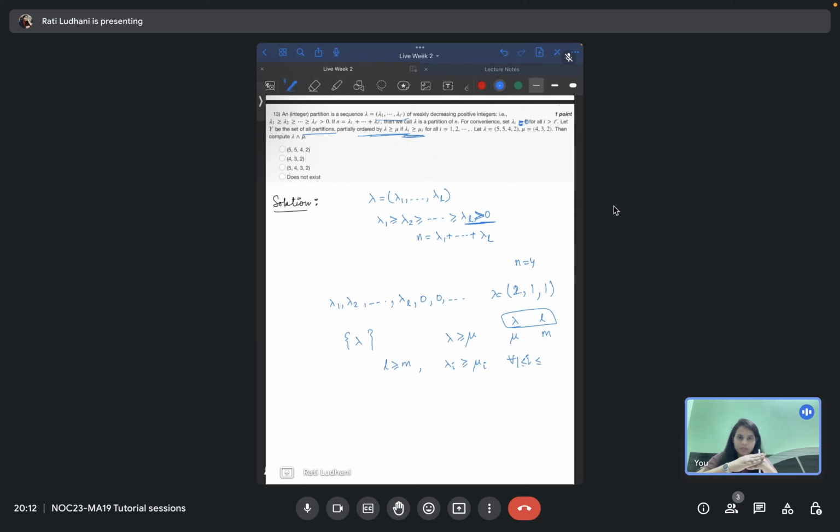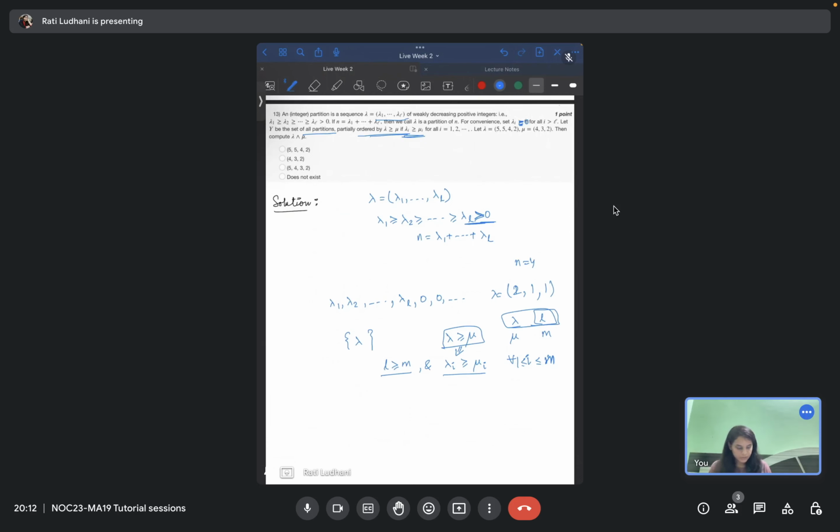If you are comparing, then 0 is always on the lesser side. So lambda is bigger if l is greater than or equal to m and lambda i is greater than or equal to mu i for all i from 1 to m, then this is done. Then lambda will be greater than or equal to mu.